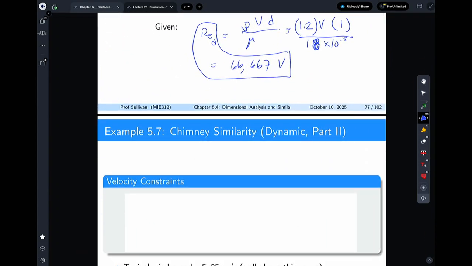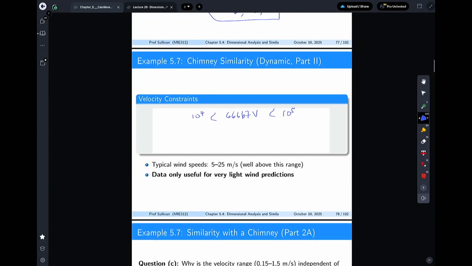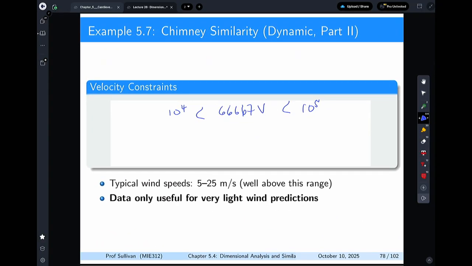So if I look at that and I calculate out 10 to the 4th to 10 to the 5th, I get a range of 0.15 V to 1.5 meters per second.